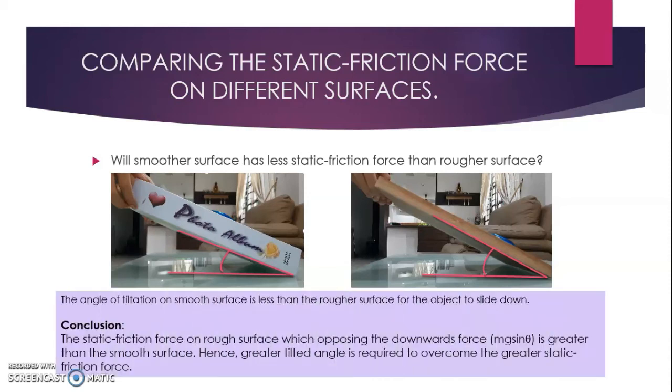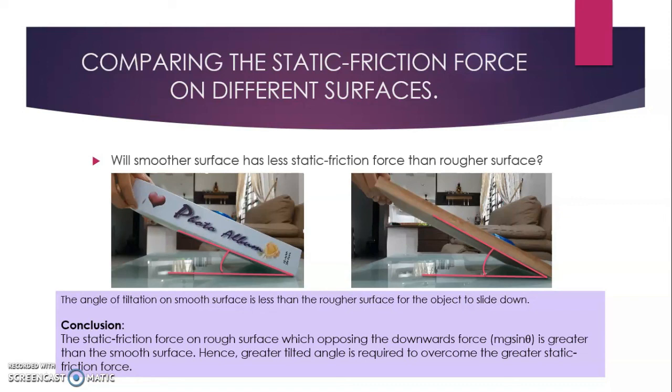So from these two pictures, we can conclude that the static friction force on the rougher surface, on the right side, which opposes the downward force mg sin θ that we discussed earlier, is greater than on the smooth surface on the left side. This is because a greater tilt angle is required to overcome the greater static friction force on the rough surface.